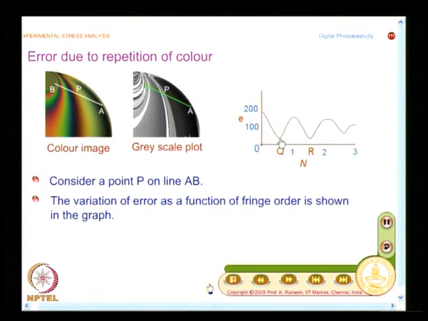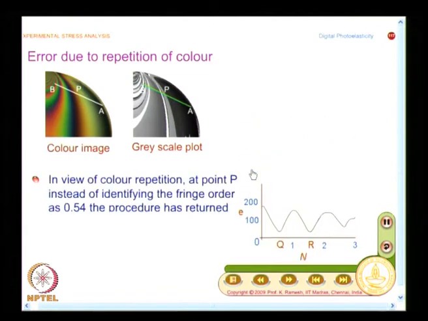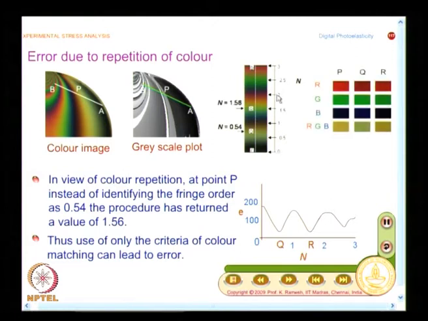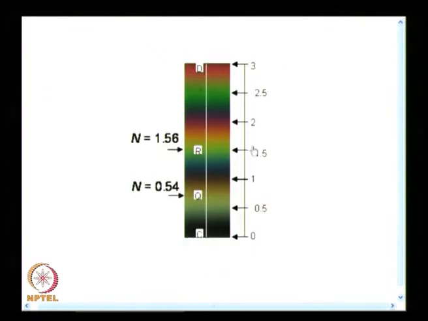Because the way we find the minimum error, these two errors are comparable, and this is where the problem comes. If I depend only on the color, then I will have to be careful. So, what you find here is I have the color code from 0 to 3, and what has happened is the fringe order at the point Q is 0.54.